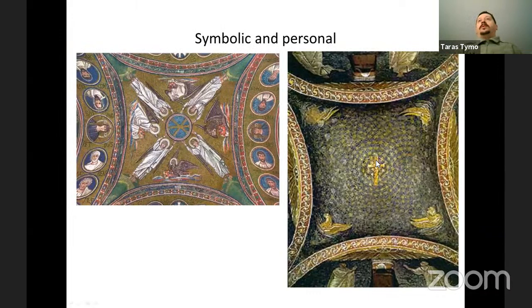Just a couple more examples of this. Again, a cross with four symbols of the evangelists, or the monogram of the hero held by the angels in the presence again of the four beasts, symbolizing the four gospels.